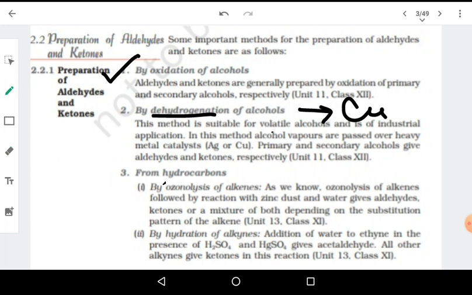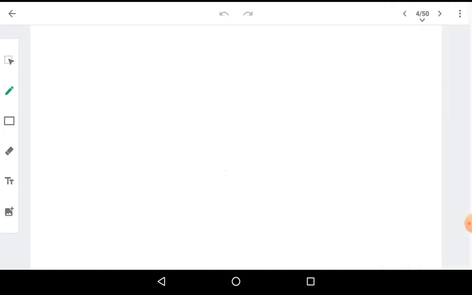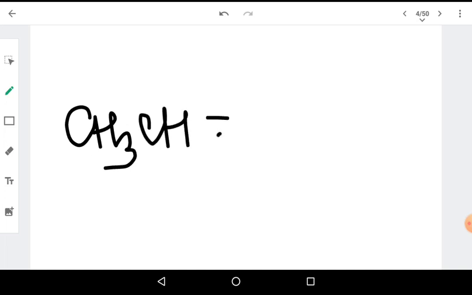Now from hydrocarbons, how can you prepare? The first one is ozonolysis. So if I have an alkene, I can prepare aldehydes by using the method of ozonolysis. We have already studied ozonolysis, so let's just recap that here. If I have a compound like CH3CH=CH2, what should I do?